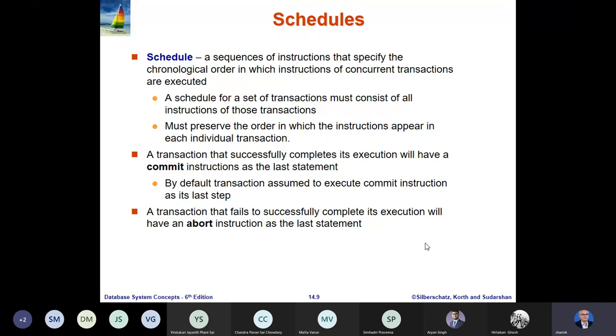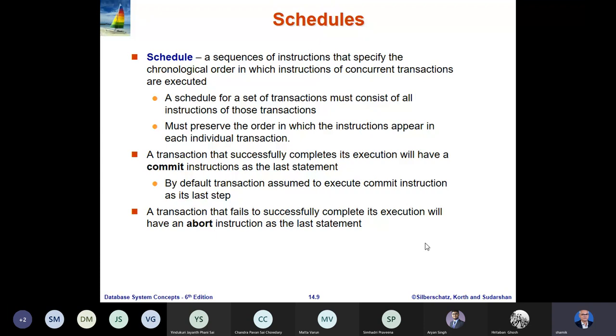So let us see what is meant by a schedule. There are two other terms. A transaction that successfully completes its execution will have a commit instruction as its last statement, and if the commit instruction gets executed correctly, then you get the message that your transaction is successful.